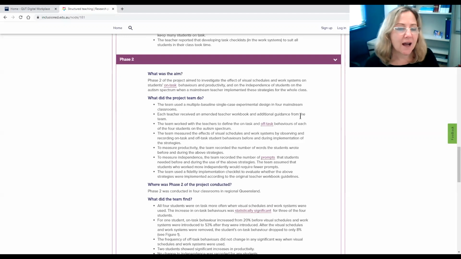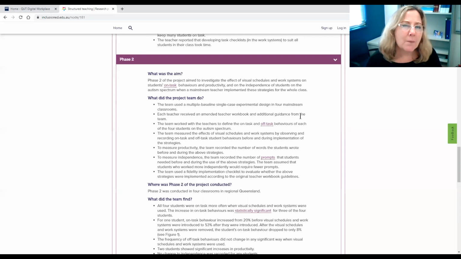The other powerful thing about single case studies done in this way is that often, and you would all know this, when we're researching with kids with autism, they can be extremely different. And so trying to get them into a group based purely and only on their diagnosis really gives you quite a mixed bag of abilities and strengths.